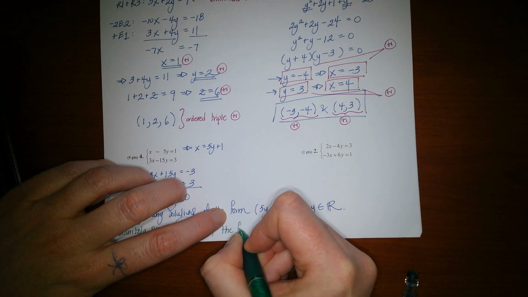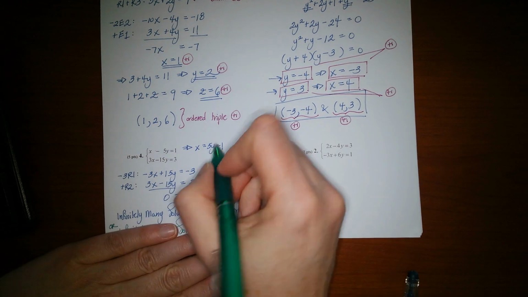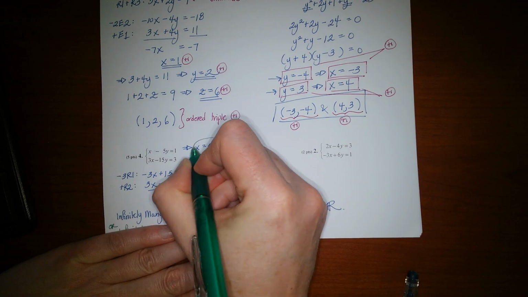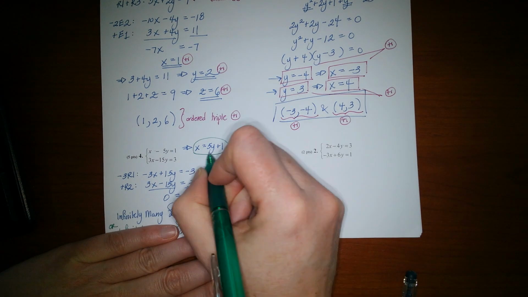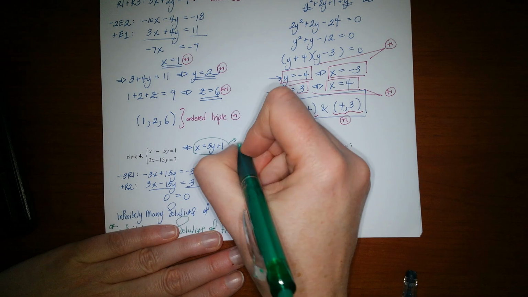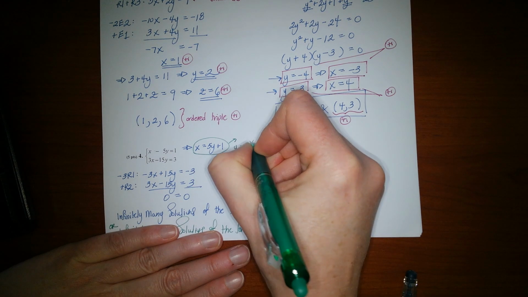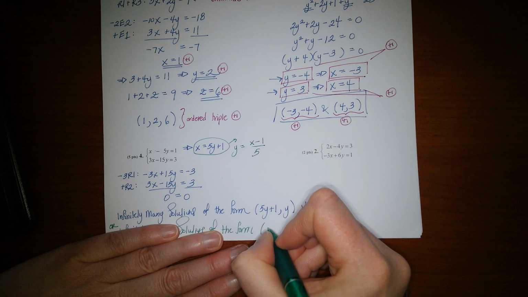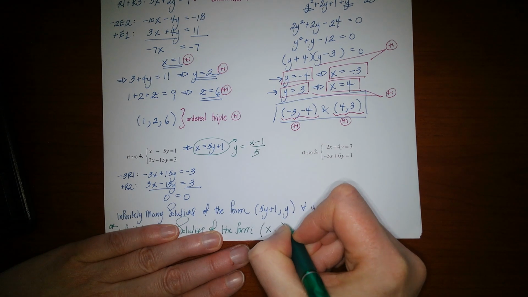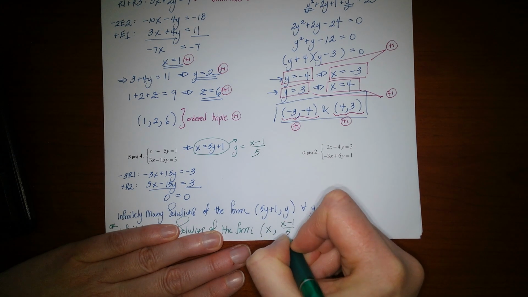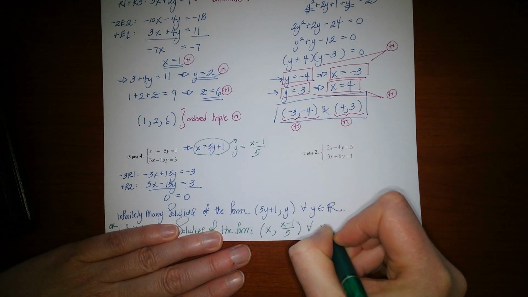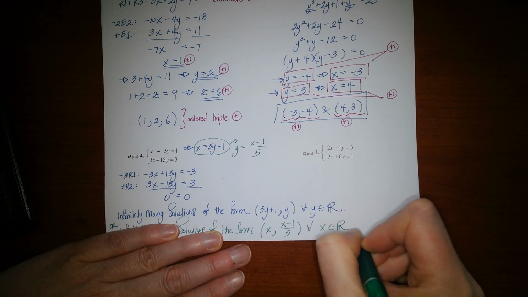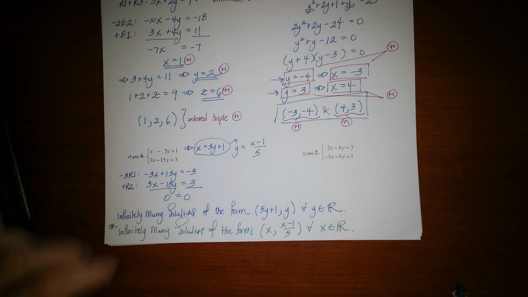So that part's the same. But if somebody had gotten y isolated instead of x, then what would they have had? So subtract 1 divided by 5. Y equals x minus 1 over 5. Then they could have said x and then x minus 1 over 5 for all x from the set of the real numbers, like that. That would have worked as well, okay?